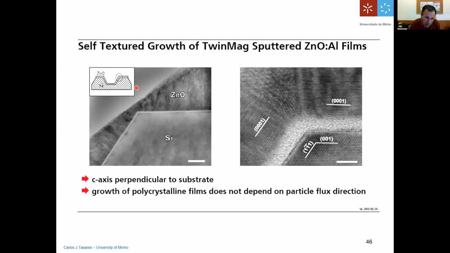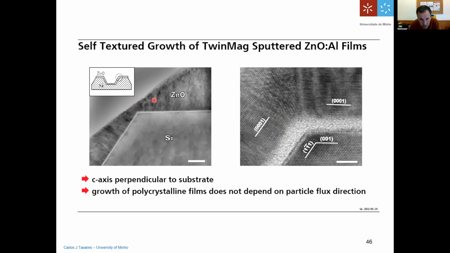Here is zinc oxide, and here is the silicon, and you don't have a uniform thick film, because sputtering is sometimes very complicated for samples which are not flat, which have three-dimensional facets, so you will not have a very uniform thick coating.